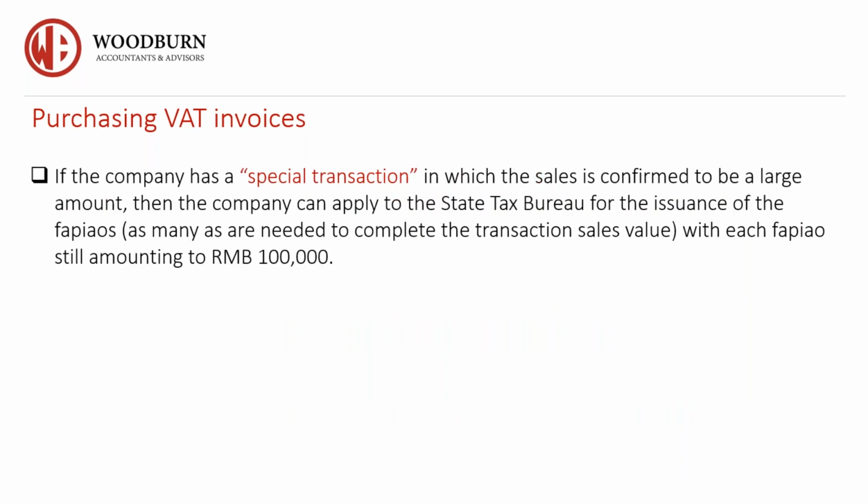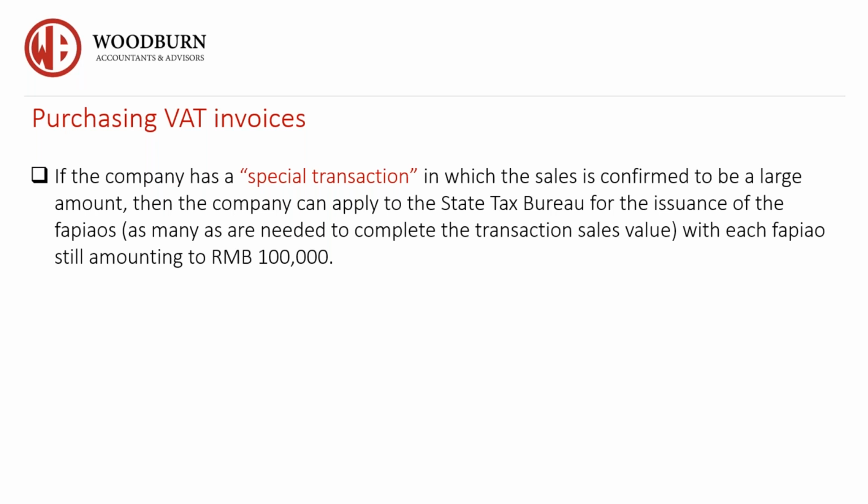If you have special transactions, so for example, you've won a bid on a project that is worth 1 million renminbi, and you need to be able to go out there and issue invoices immediately, you can apply at the State Tax Bureau and show them the contract, show them the invoices, and they will then help you to issue the invoices.